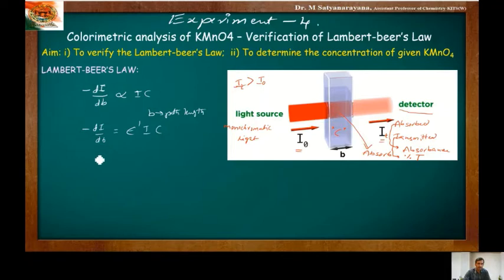Now we do integration. The intensity of light changes from I0 to IT, and dI by I is equal to epsilon prime times concentration times the integration of dB.